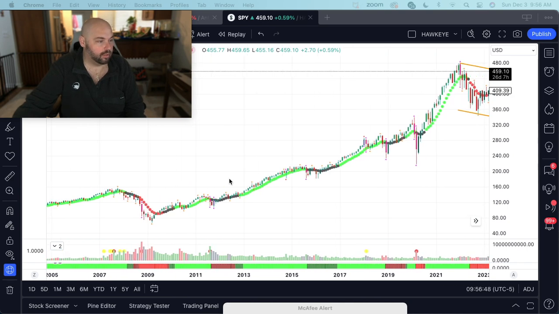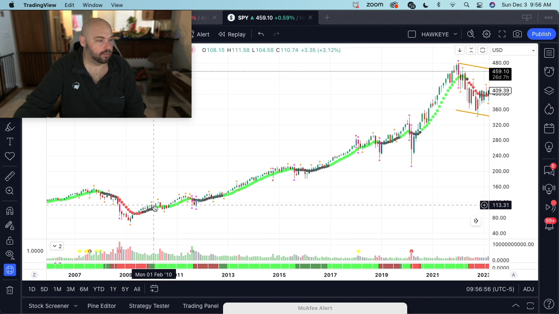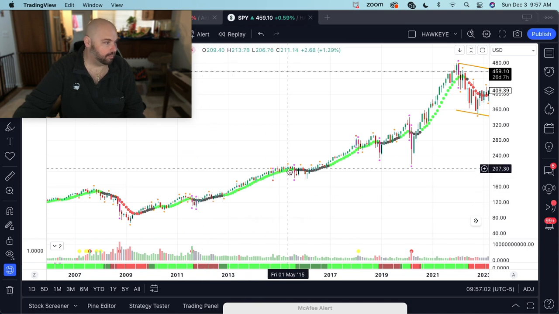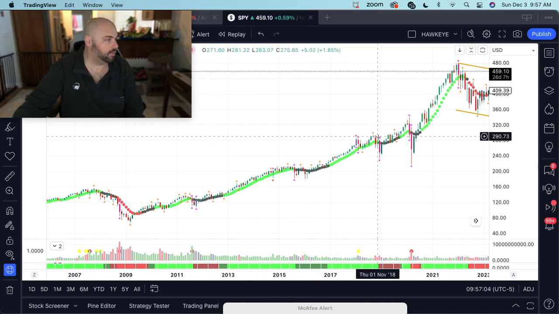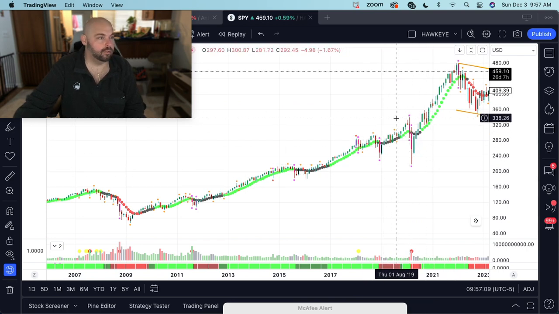And then guess what? Right here, I'm going to tell you right when and where, March of 2010, Hawkeye signals to enter the market long. We impulse, we correct. We impulse, we correct. We impulse, we correct. COVID, okay? COVID transpires.